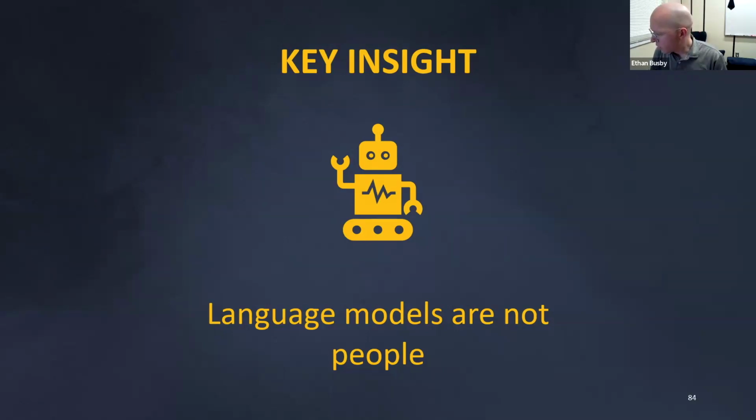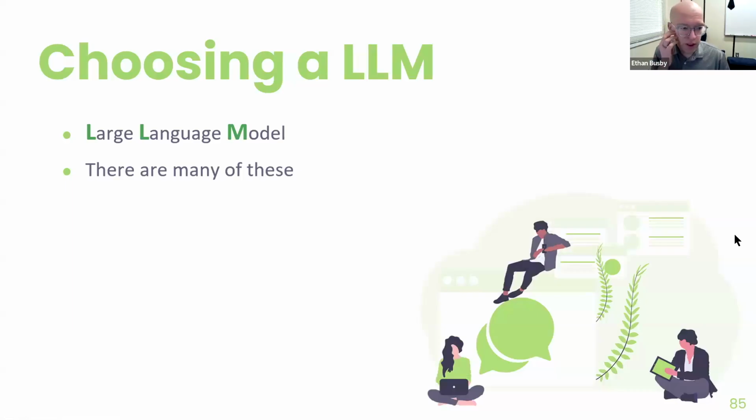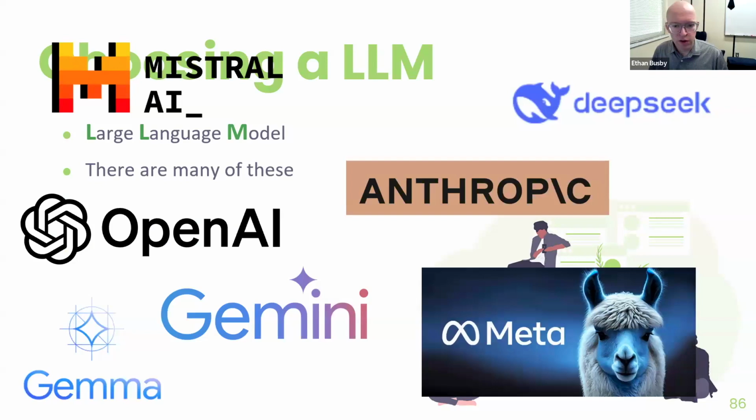But we'll keep moving now as we think about large language models, from this larger point about language models not being people to an important question many of us face when we work with language models, which is that there are many of these, and how do we decide between them? So there are many language models. Here are some examples. Deepseek has a set of models. Anthropic has a set of models.